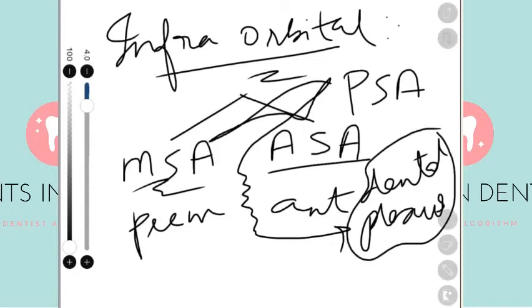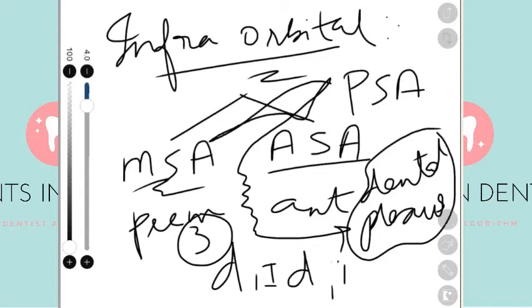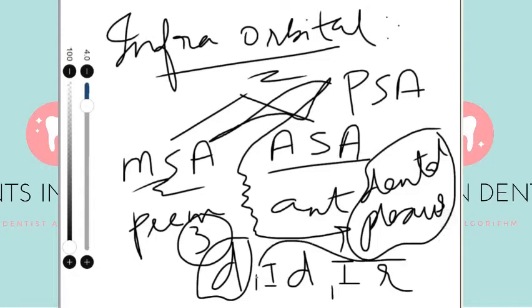The dental plexus divides into three branches, namely the dental, interdental, and the interradicular branch. The dental branch supplies the pulp of your upper teeth, and the interdental and the interradicular branch will supply the surrounding tissues, that is the periodontium of the teeth. So this is about the infraorbital part.